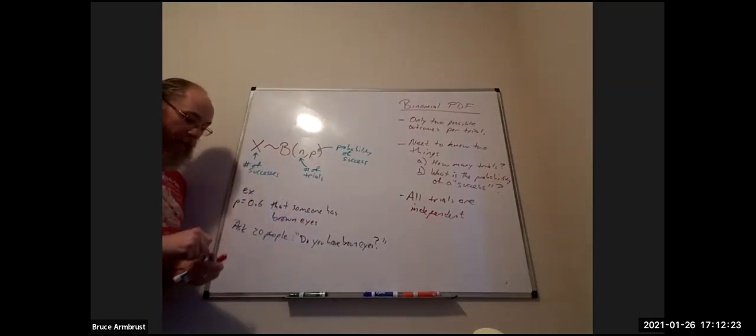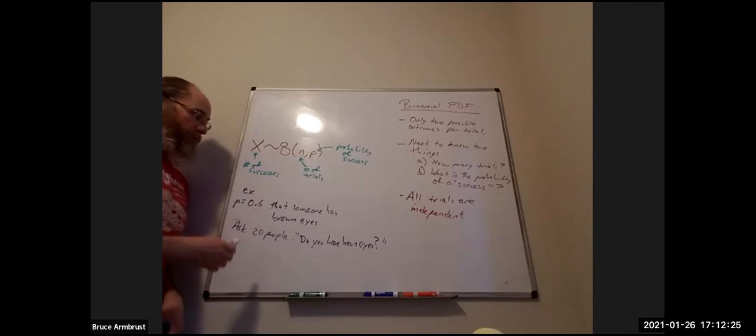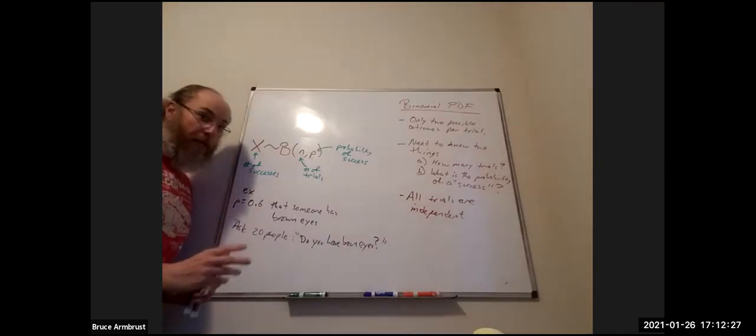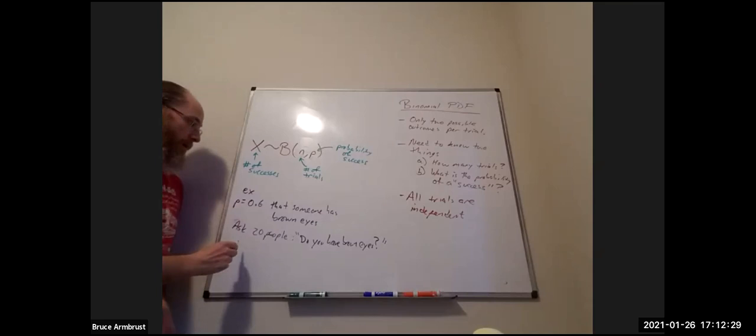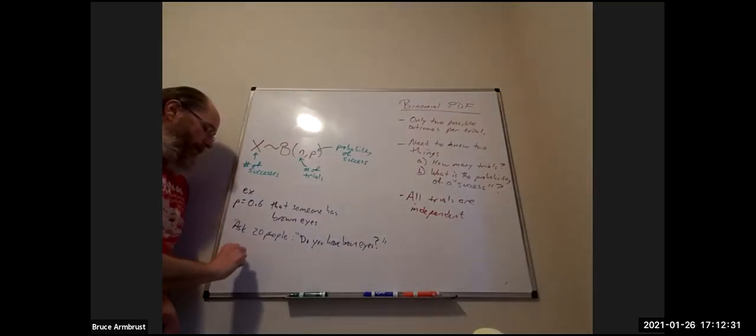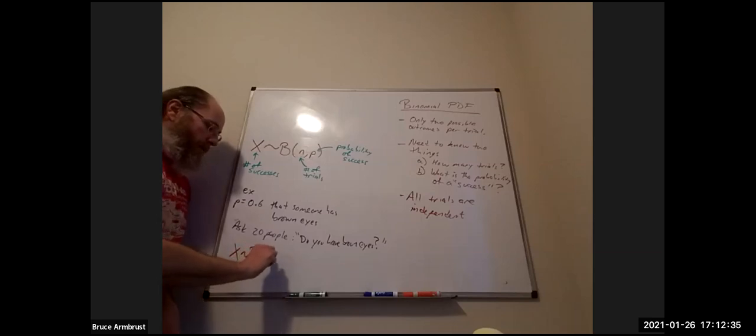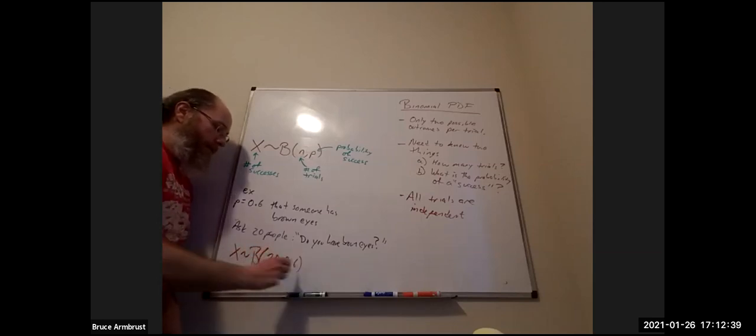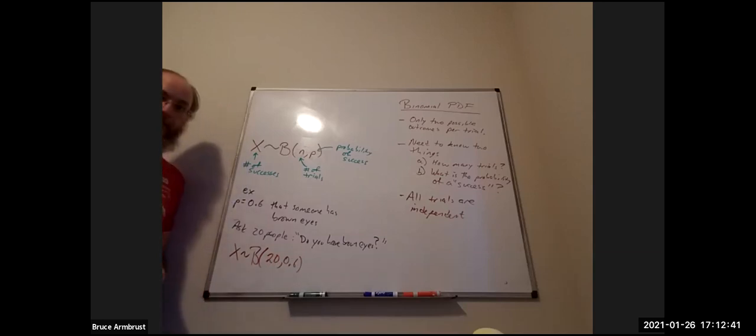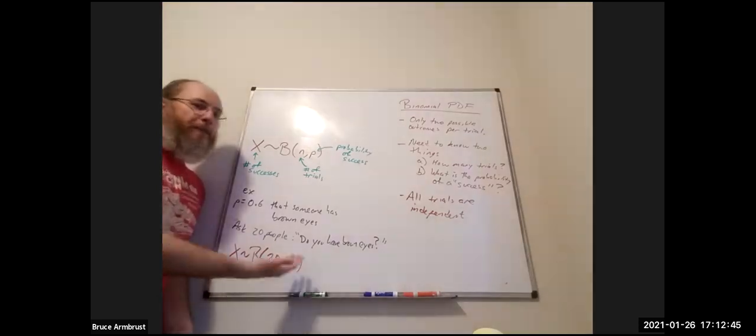So this would be binomial, because there are only two possibilities, yes or no. So we're going to write X tilde B, so binomial. And this is going to be 20 comma 0.6.